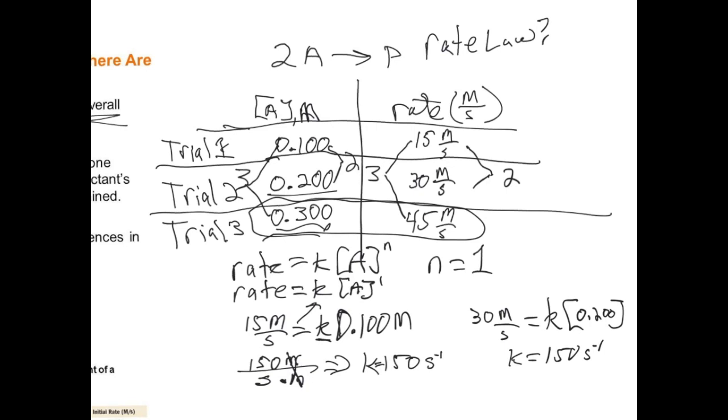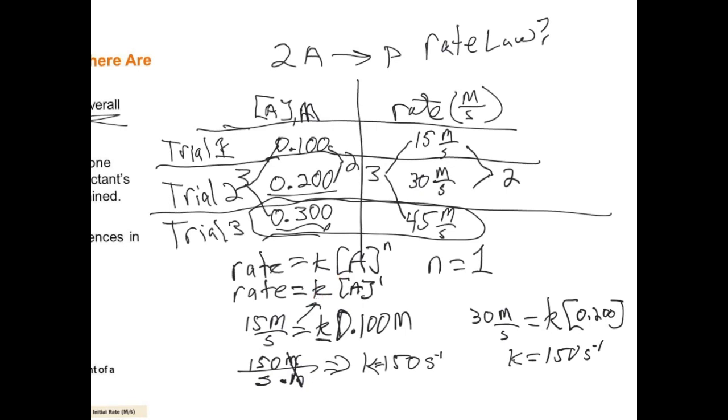So k, the rate constant, is a constant. There's a reason why it's called a constant. It doesn't change, and it's independent of concentration. Rate changes as a function of concentration. k doesn't.